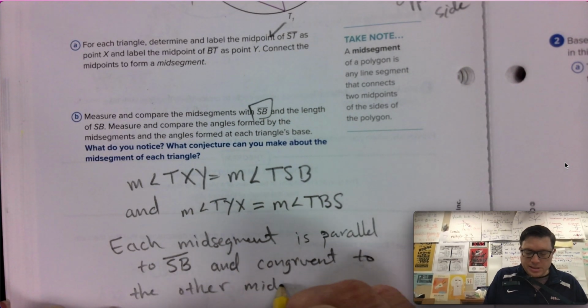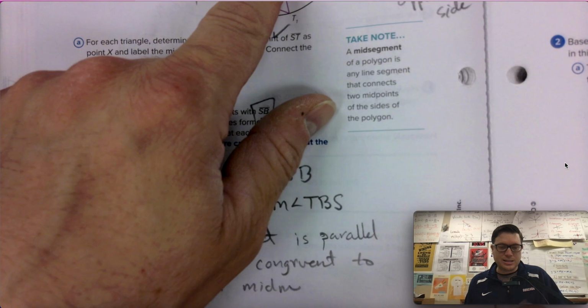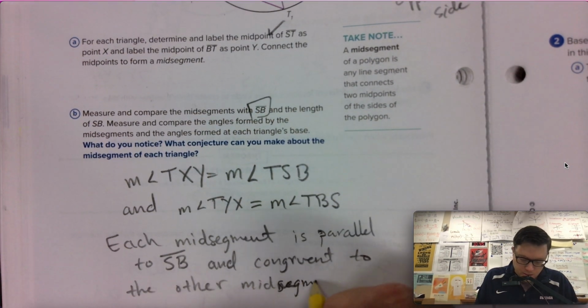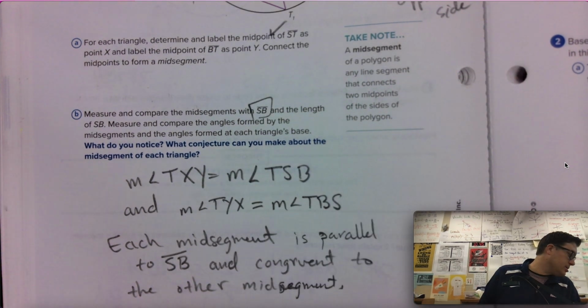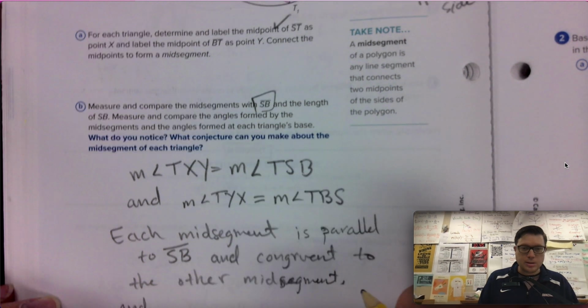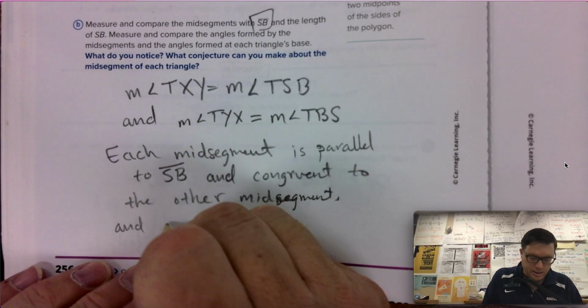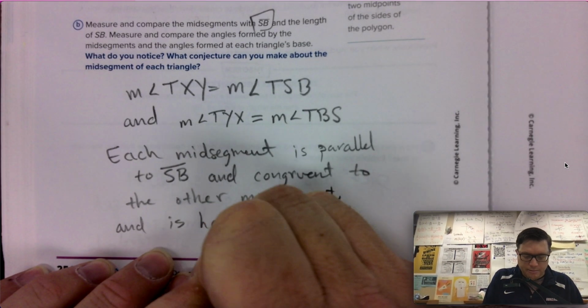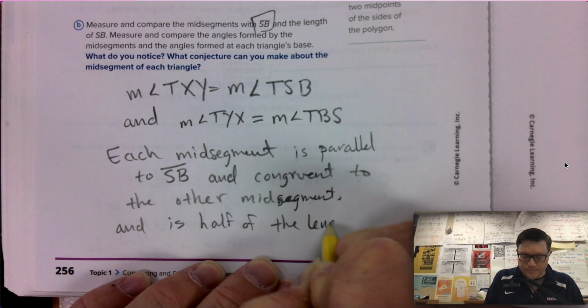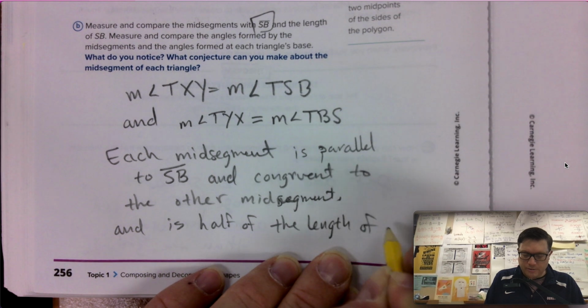I mean, they're all based upon how BS is the same for both triangles. Okay, what else? Each midsegment is half of the length of SB.